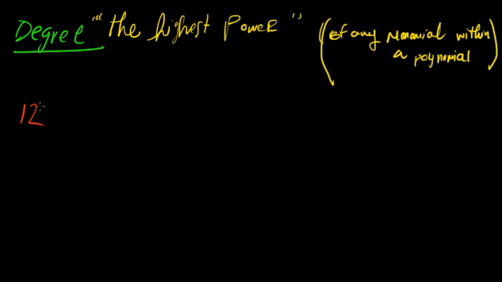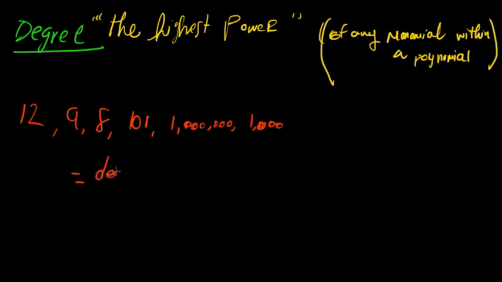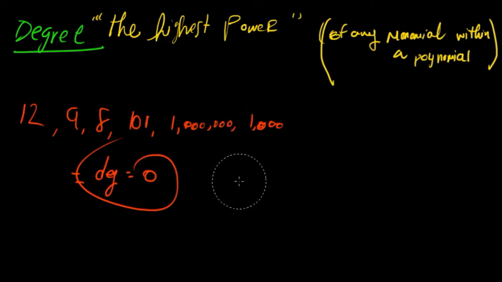If it's a constant term, whether it's 12, 9, 8, 101, 1 million, 1,000, I don't care what it is, if it's a constant term with no variable behind it, the degree is equal to 0. That is the degree of the polynomial. It's equal to 0 because constants have 0 exponents. All right.